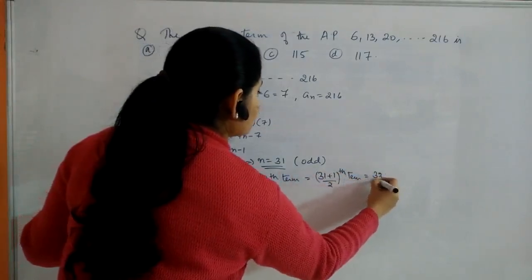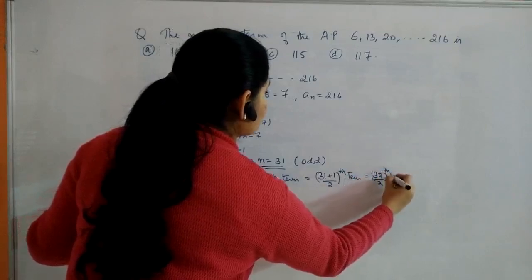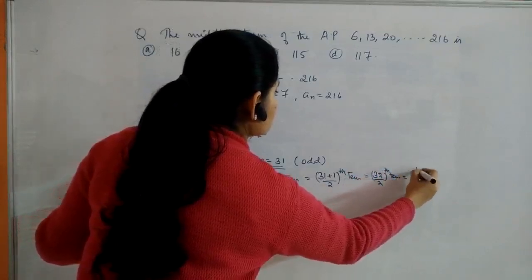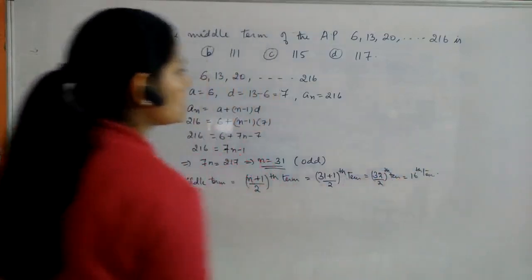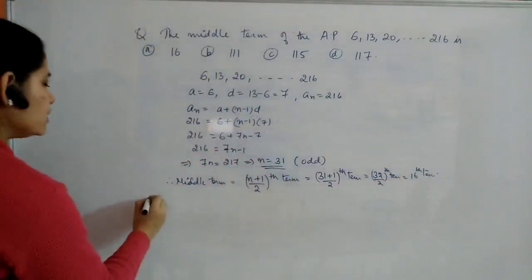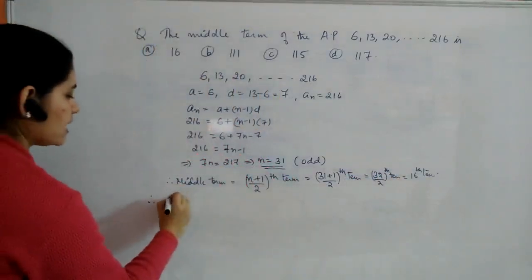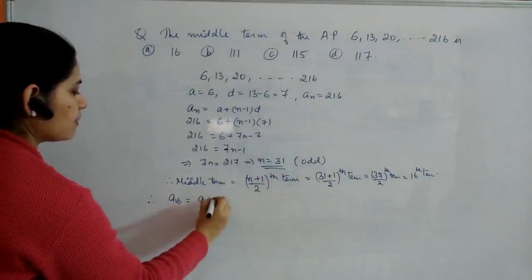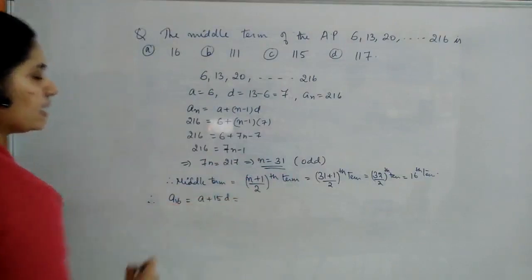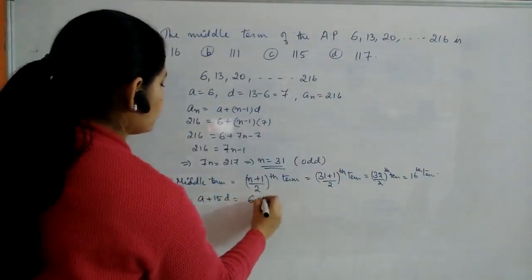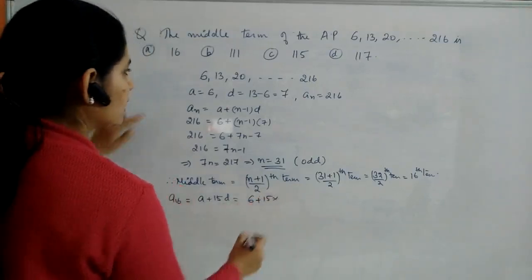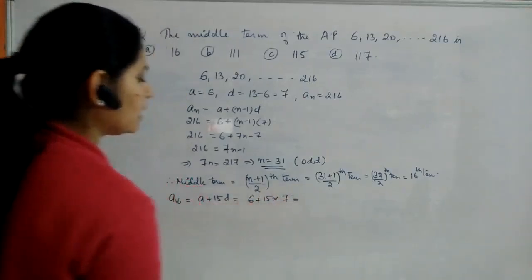So that it is 32 by 2 or 16th term. So the 16th term will be the middle term. Now you need to find out what is the 16th term. That is A16. A16 is A plus 15D. Replace what is A? 6 plus 15 into D. D is 7. How much are you getting?